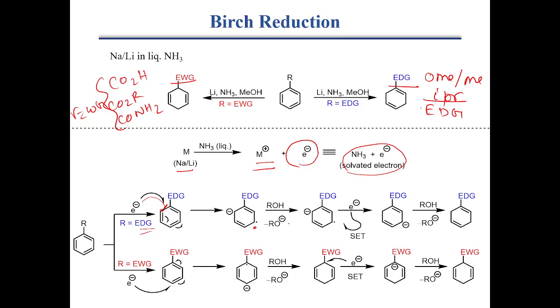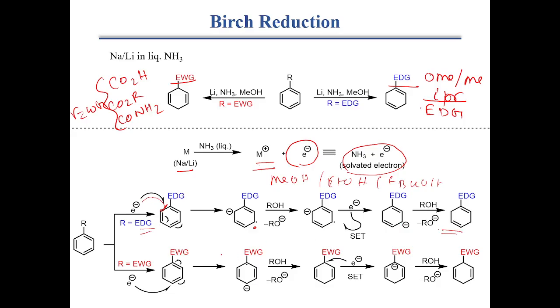Now this radical, in the presence of any kind of alcohol or proton source such as methanol, ethanol, or tert-butanol, proceeds through the single electron transfer process and gives this product.